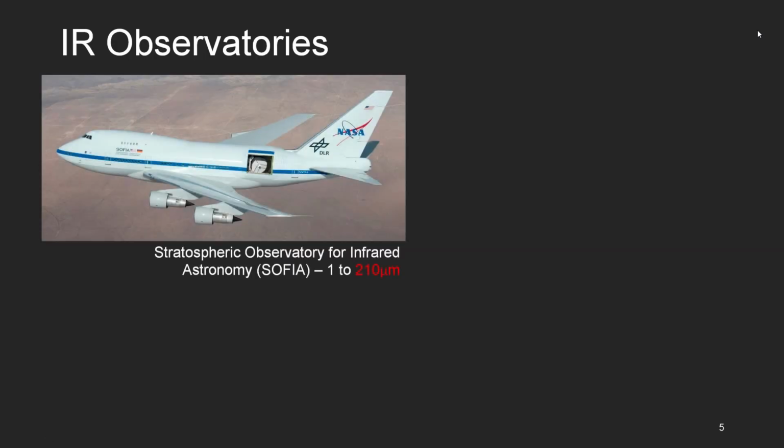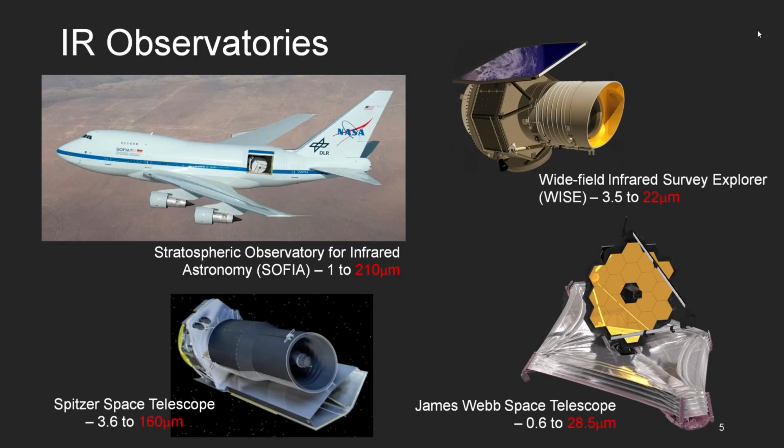The limits our atmosphere places on observing in the infrared band explains why all the professional infrared observatories tend to operate either at very high altitudes, where there is much less water vapor, or in outer space, where there is no water at all.